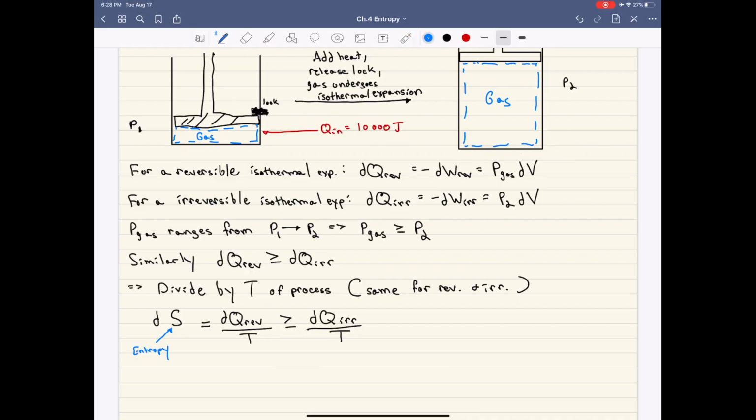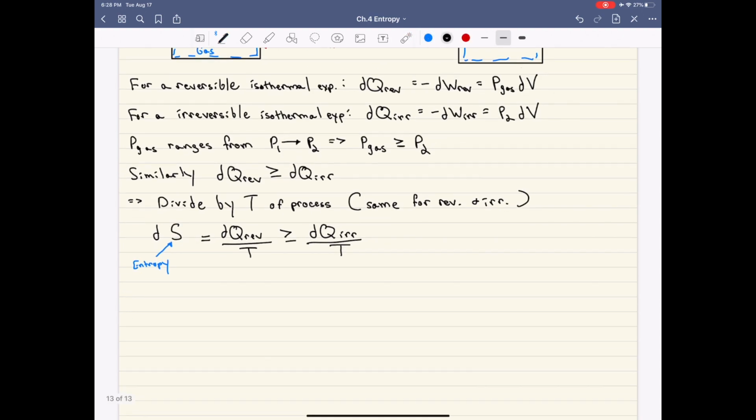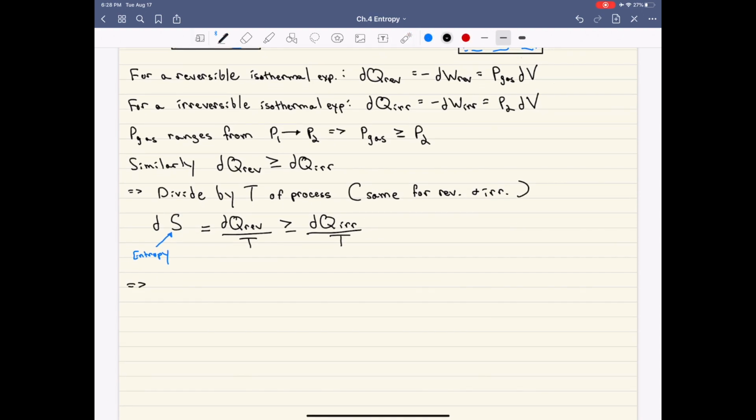And so since we have these differentials on each side, what we could do is then integrate.